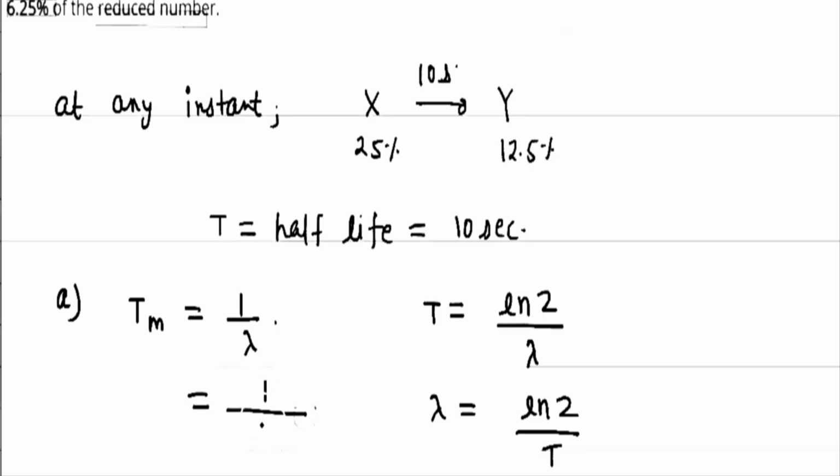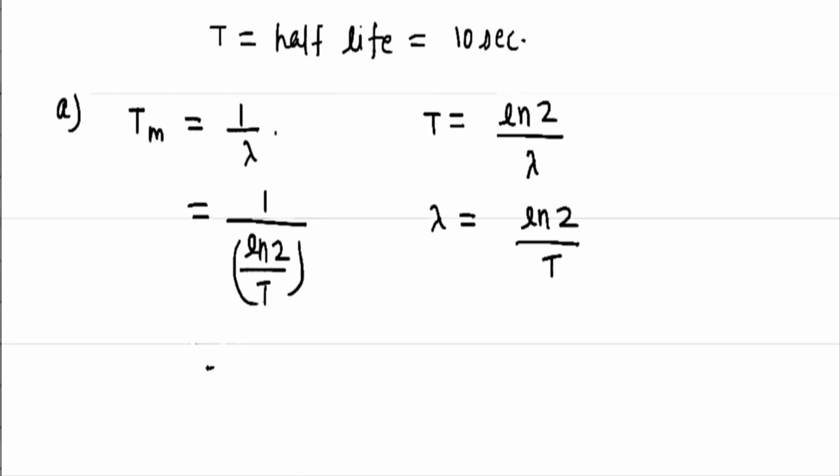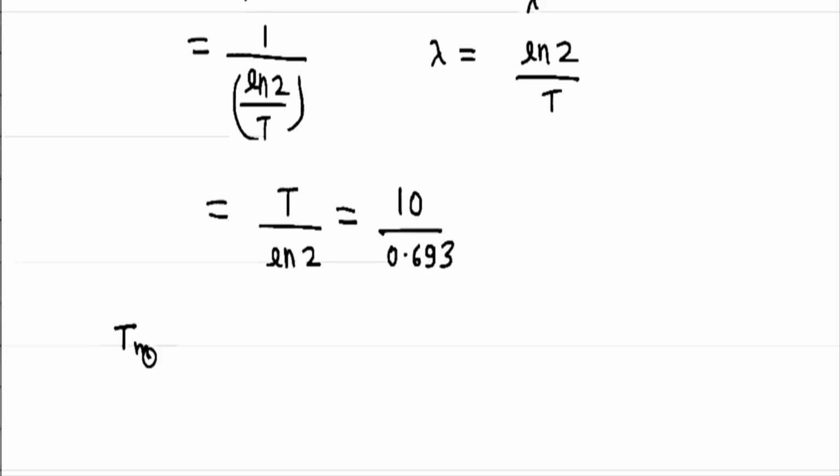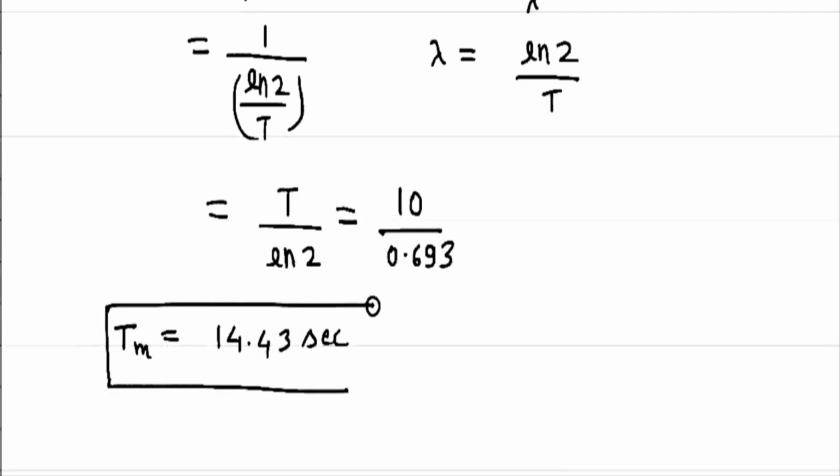So 1 upon lambda is T upon ln2, and T is given as 10 seconds. So 10 upon 0.693. So the mean life of the radioactive substance will be equal to 14.43 seconds. This is the first answer of this problem.